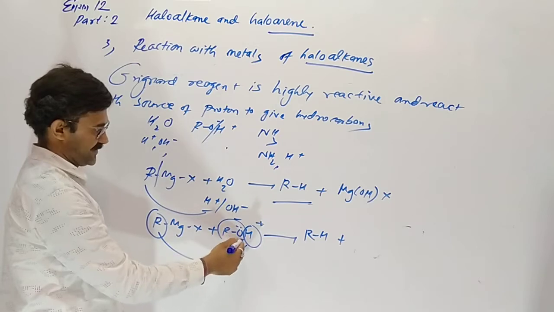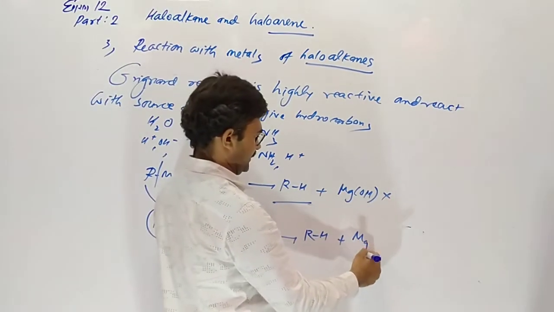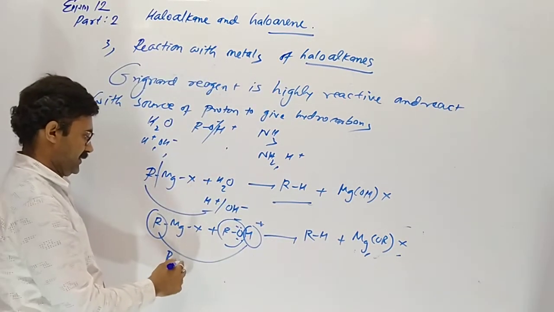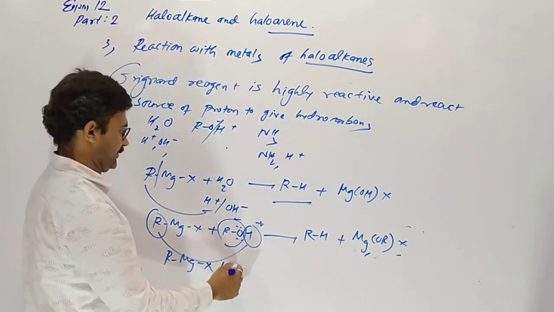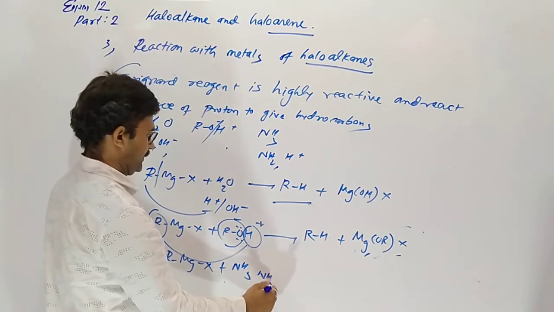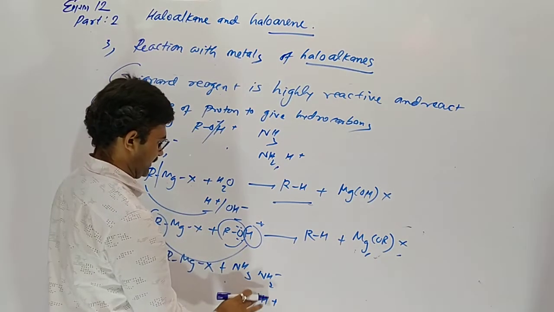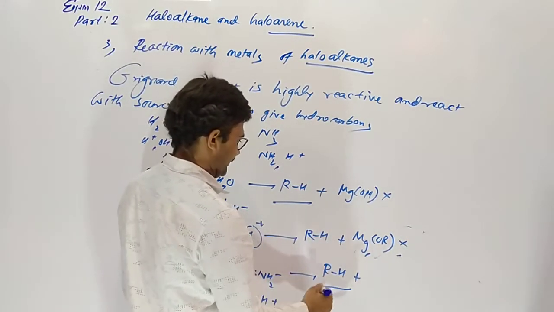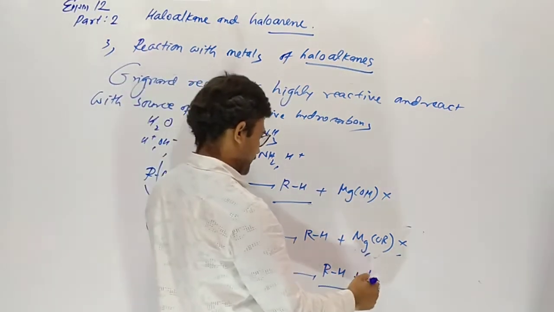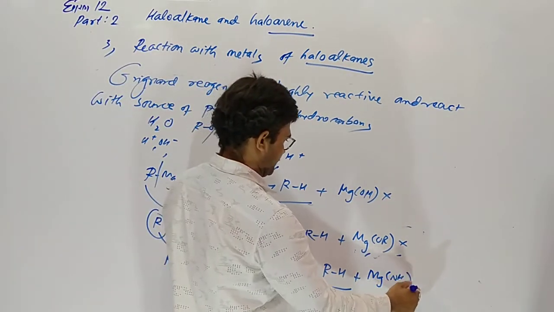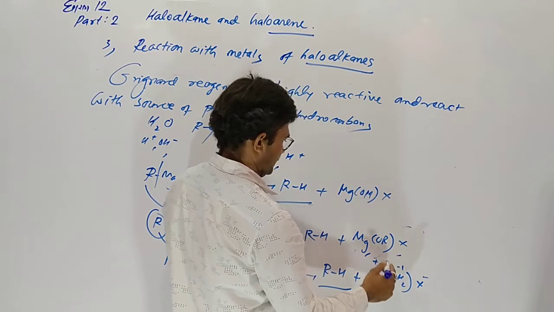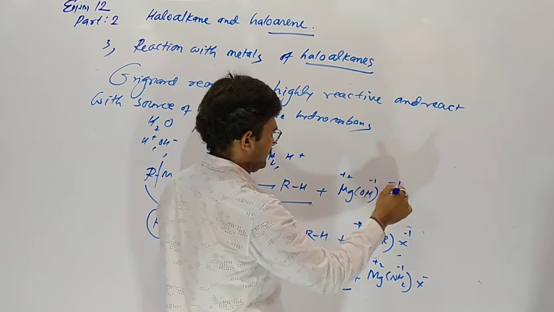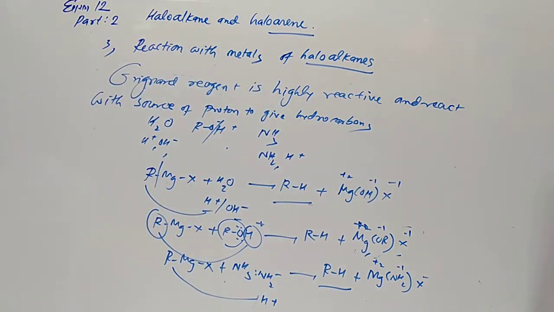Here alkoxy combines with Mg, magnesium alkoxyhalide. If Grignard reagent is reacting with ammonia, in ammonia there is NH2 minus and H plus. So H combines here, gives hydrocarbon. Now RMg with NH2 and X. Here you can see the charge is balanced, plus 2 and minus 2 cancel.